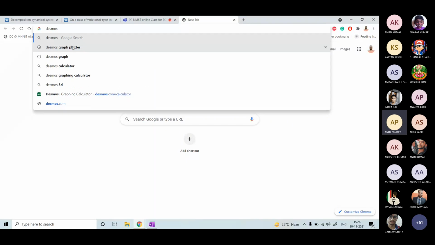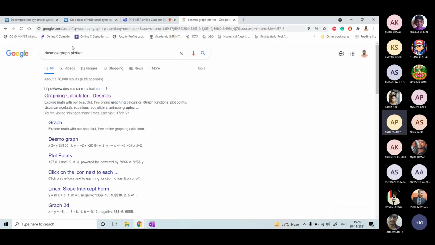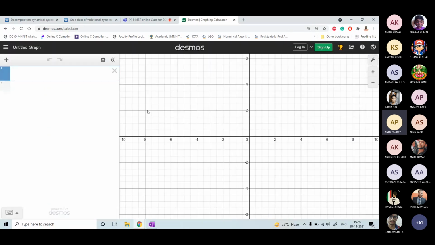What was the equation? y equals x cube minus 2x minus 5. y equals x cube minus 2x minus 5.